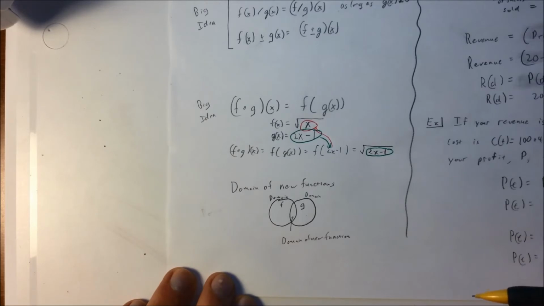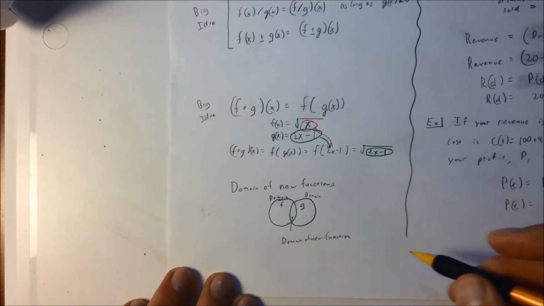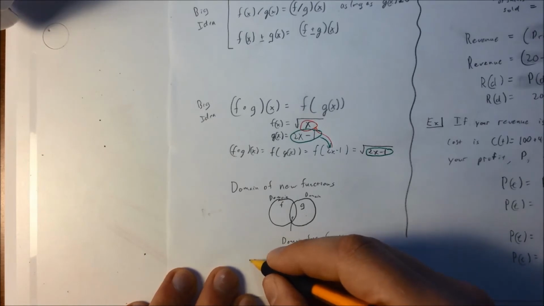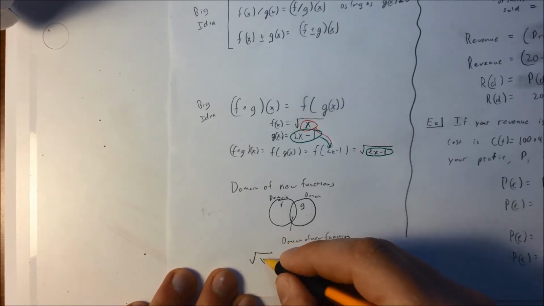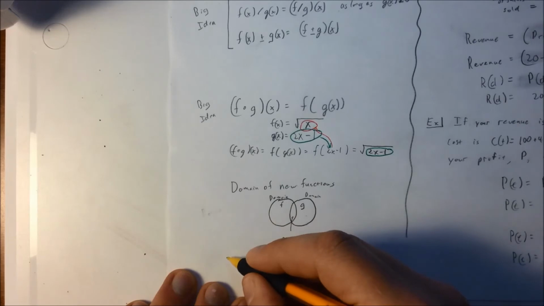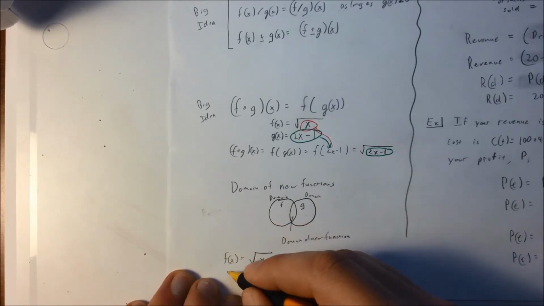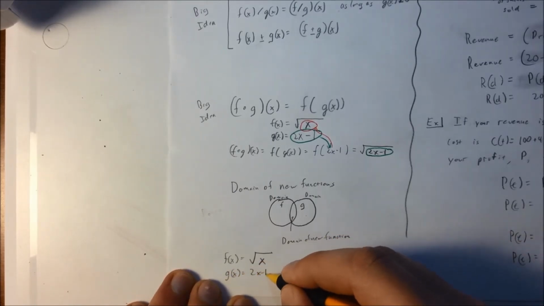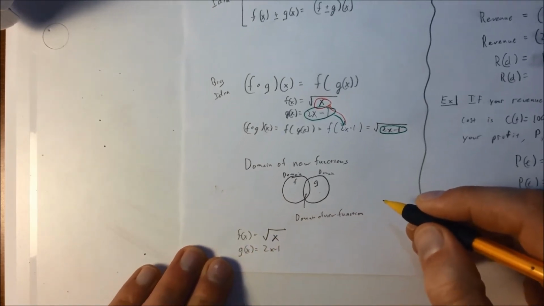We'll look at this in greater detail later, but here's the basic idea. Let's say the square root of x is f of x, and g of x, we'll just stick with 2x minus 1, like we did in the last example.